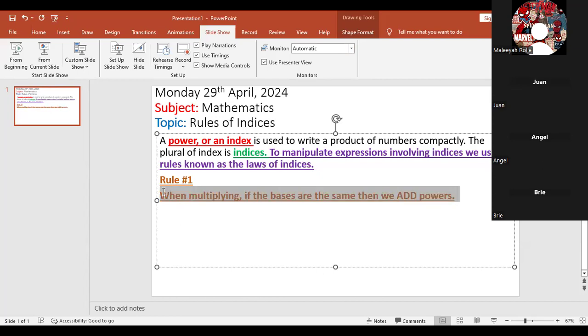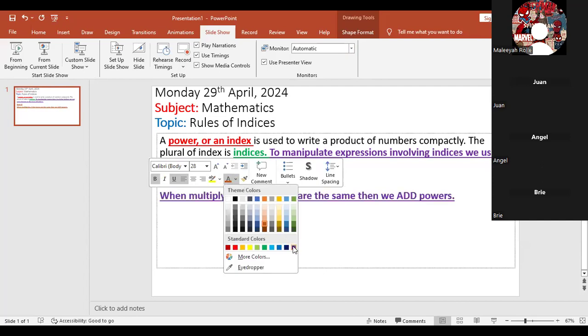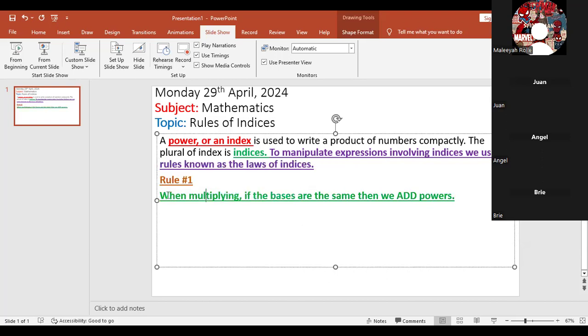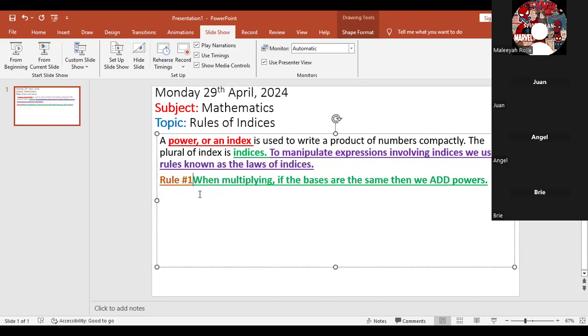That's very important. So that's the first rule. When the bases are the same, you're going to add the powers.